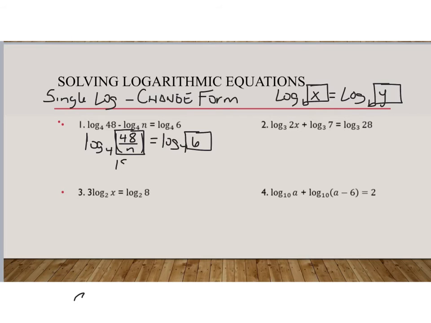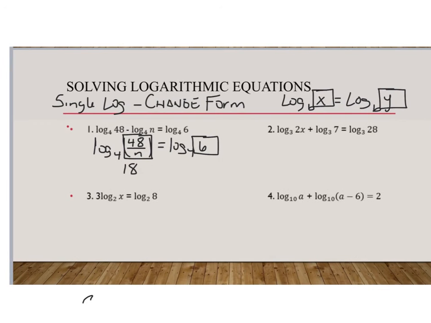I'll set these equal. And then I could multiply both sides by n, which would give me 48 equals 6n. Divide, and n would equal 8.